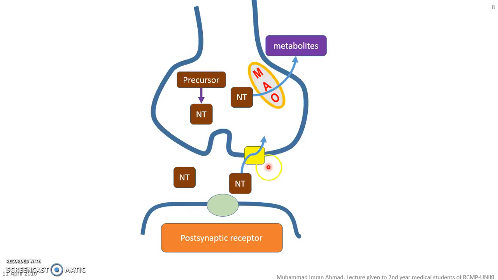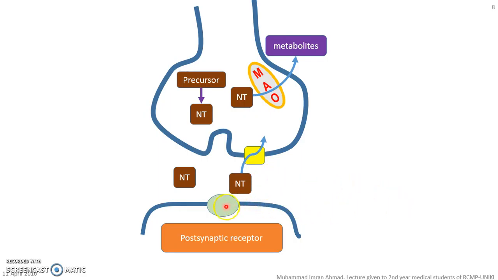These are all examples of SSRIs, serotonin specific reuptake inhibitors. And then we have the SNRIs, serotonin noradrenaline reuptake inhibitors, such as venlafaxine and desvenlafaxine, fluoxetine.